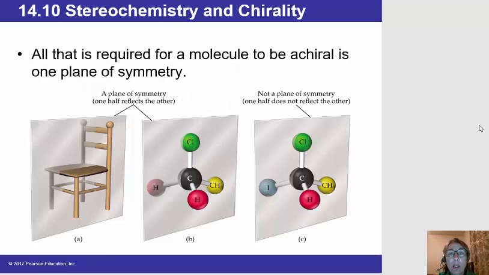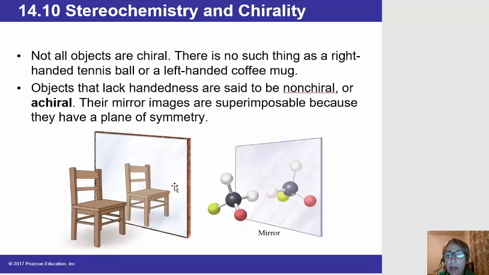One way you can tell if a molecule, or anything, is achiral or not chiral is if there's a plane of symmetry in the object itself. So if I look at a chair and I just cut it down the center, there is symmetry. Both sides are the same. Same thing if I look at this molecule that I showed on the previous slide.